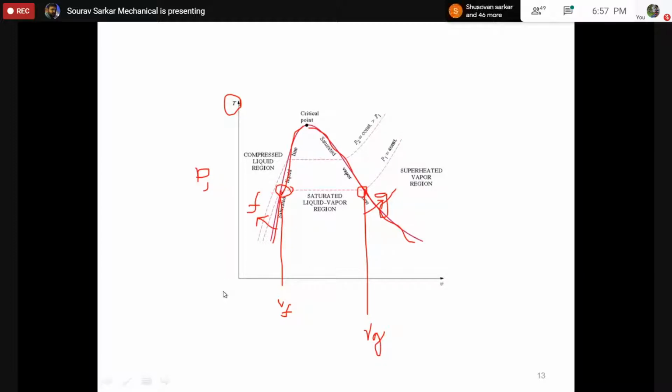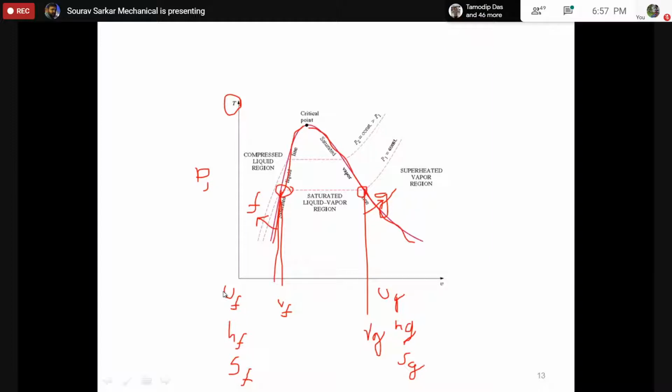The internal energy of this point is uf. Here simultaneously I have ug. Here I have hf. Similarly, I also have hg. Here I have sf. Here I have sg.